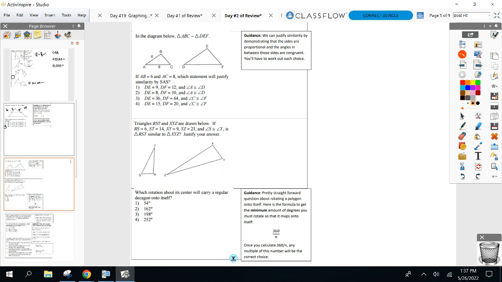All right. Which one's going to show by side angle side that they're similar? Which measurements and angles? Remember, side angle side: the angle has to be in between, and the sides need to be in the same ratio.